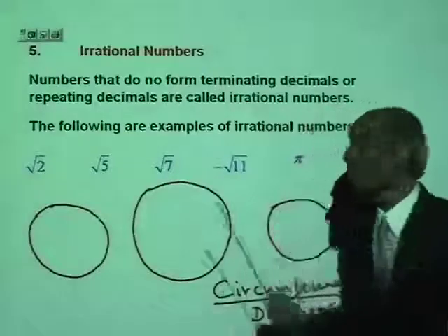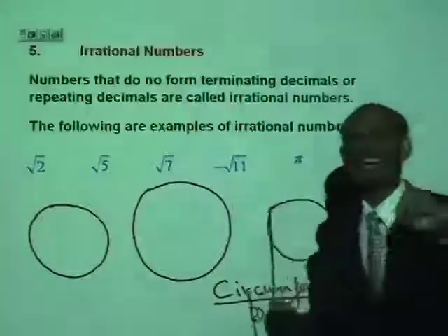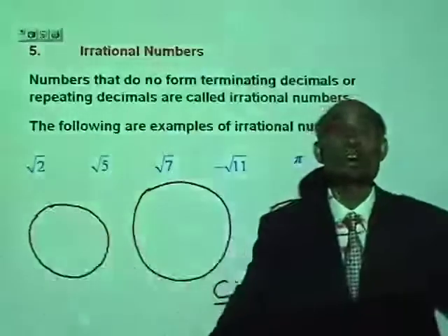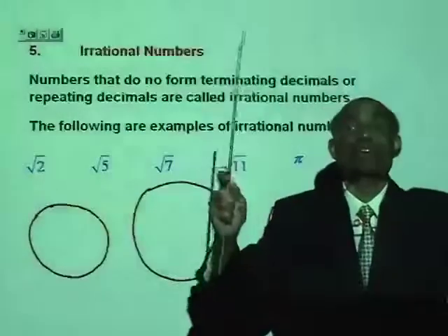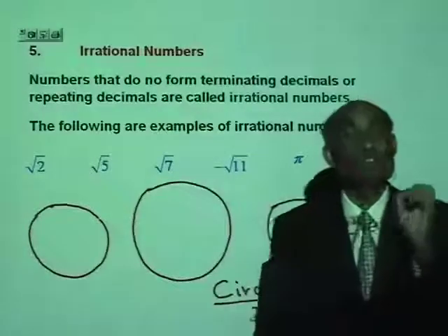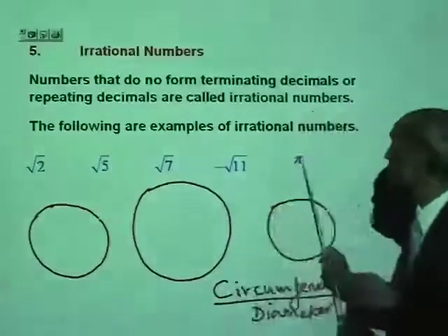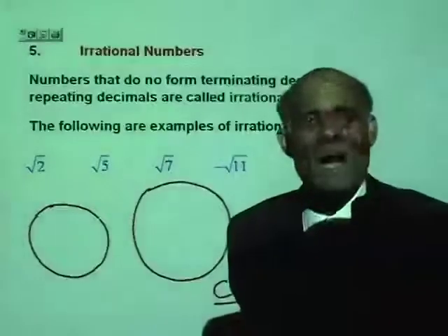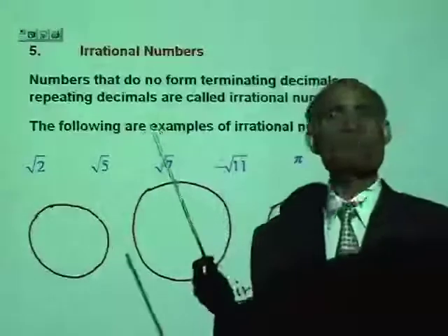It is that number that is called a natural constant, because it is a constant for nature. Any circle, the circumference divided by the diameter is a constant, and that constant is pi. And unfortunately, that pi is an irrational number.